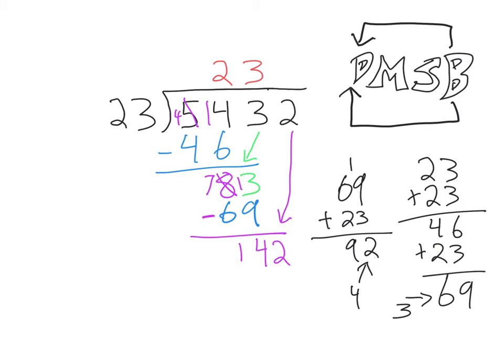So I can go from 92, I can add 23, and that's going to give me 5 groups. 2 plus 3 is 5, 9 plus 2 is 11. Okay, well, that's 5 groups. Is that close enough to 142? I don't think so. But here's the awesome thing about math, everybody. We can check. We can find out.